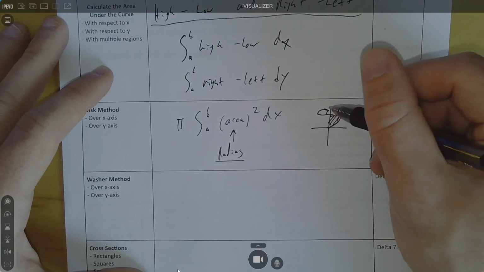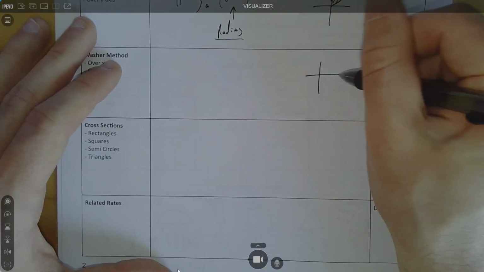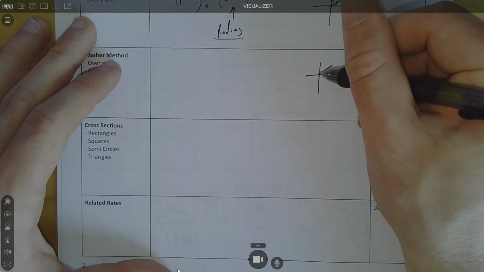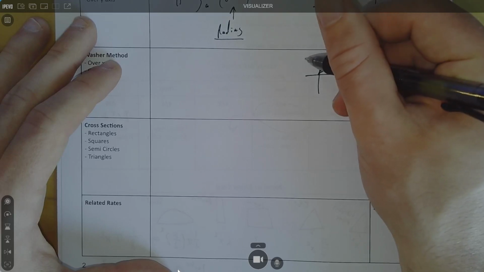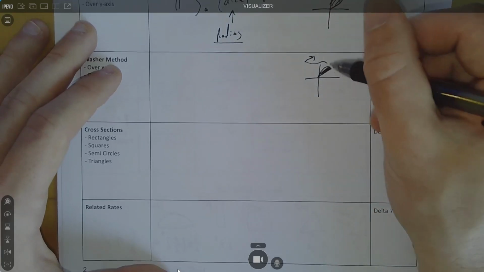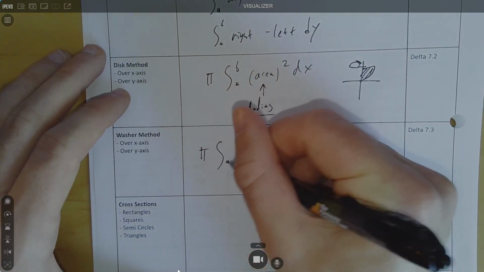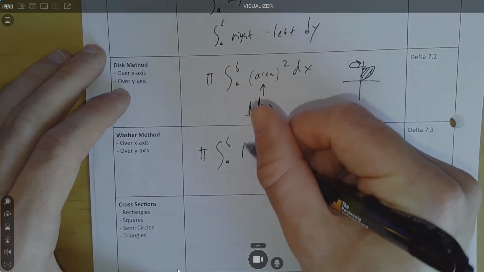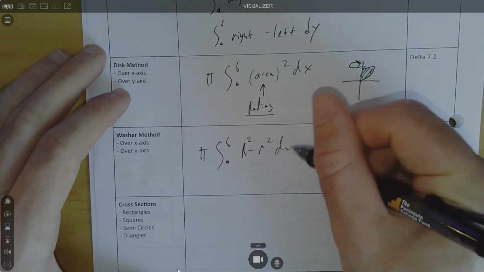Versus here, if I take something like this and rotate that around the y-axis, you can see there's a gap there. So we do pi integral a to b of big R squared minus little r squared dx. Okay, and we'll do some practice problems with that later.